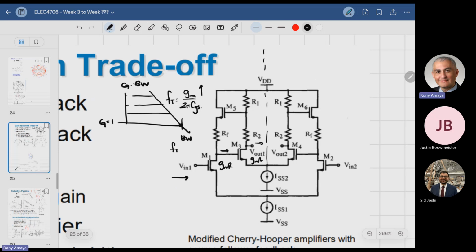And okay, so that's one really cool thing about Cherry Hoopers. Secondly, they're very stable. By the way, you get a really flat response across bandwidth, and they have massive bandwidth improvement because of the FT doubling effect. But secondly, you now have IS1 and IS2. And with IS1, I can do what?